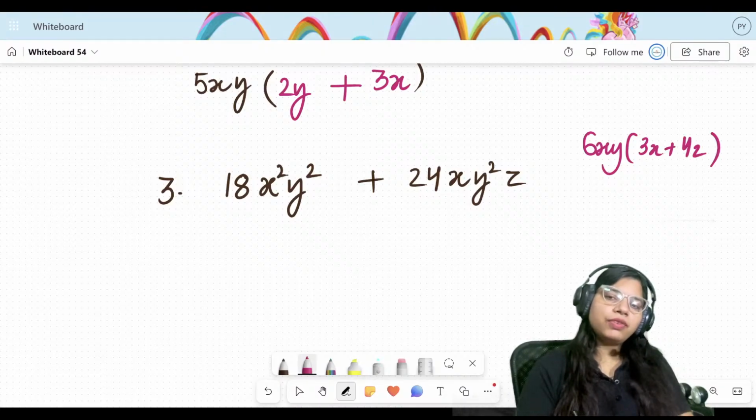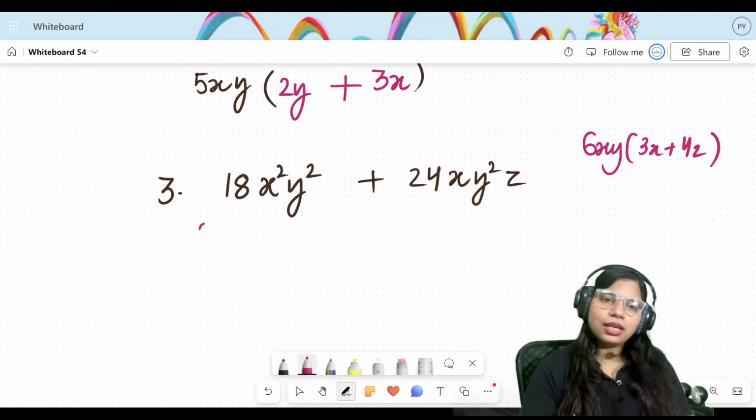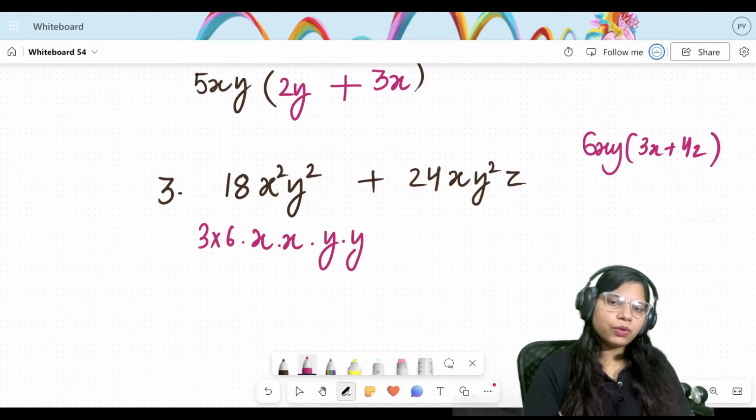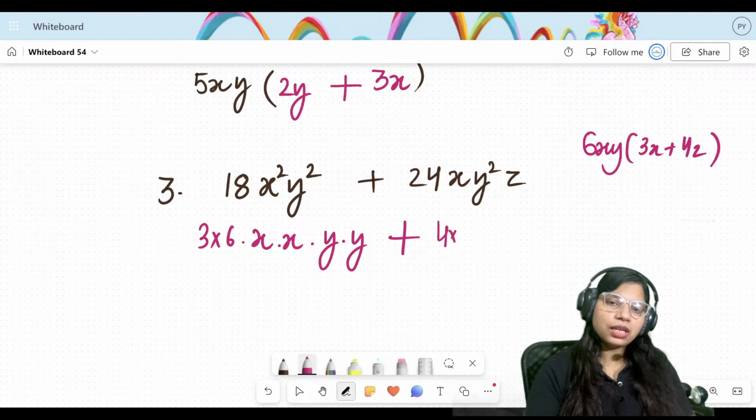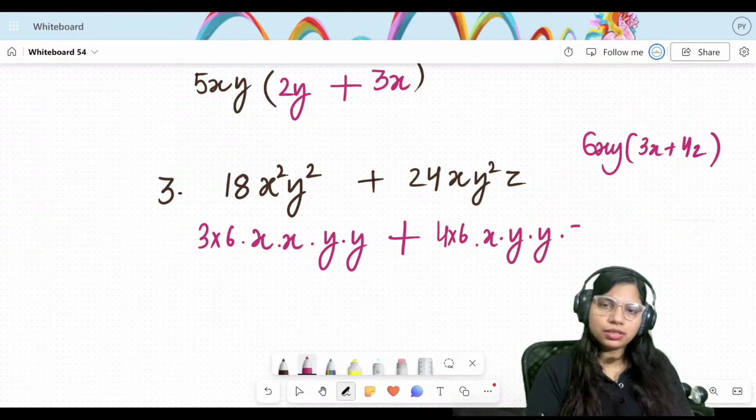So 18, we can break 18 as 3 times 6, x squared can be written as x times x, y squared can be written as y times y, plus 24, 4 times 6 times x times y times y times z.